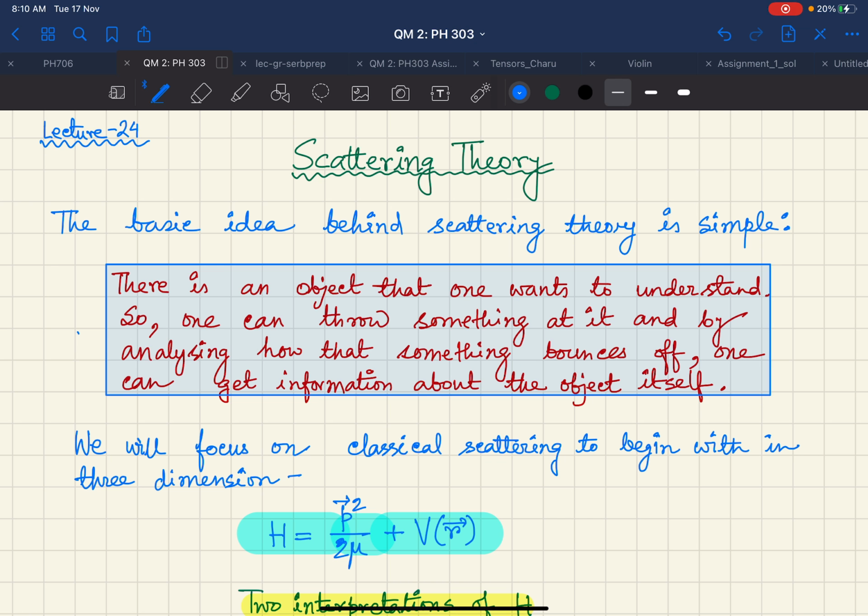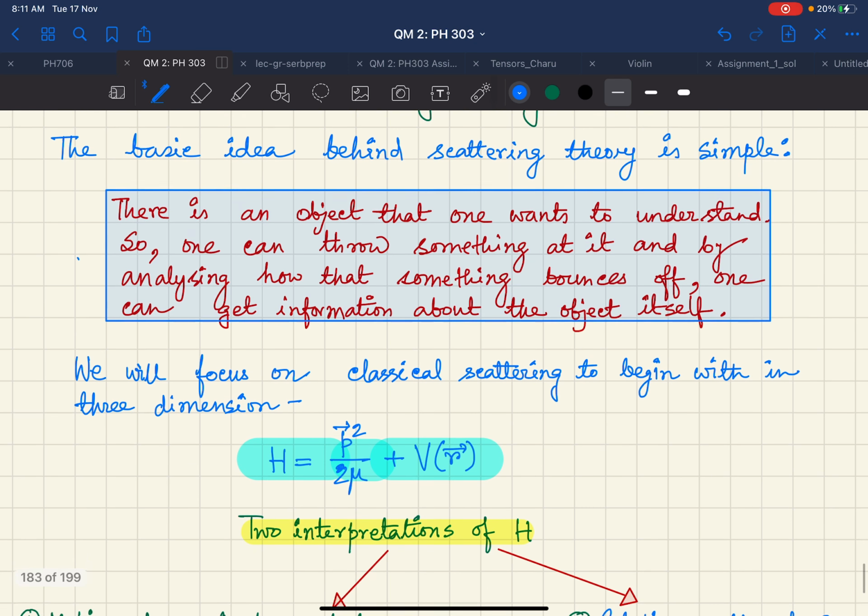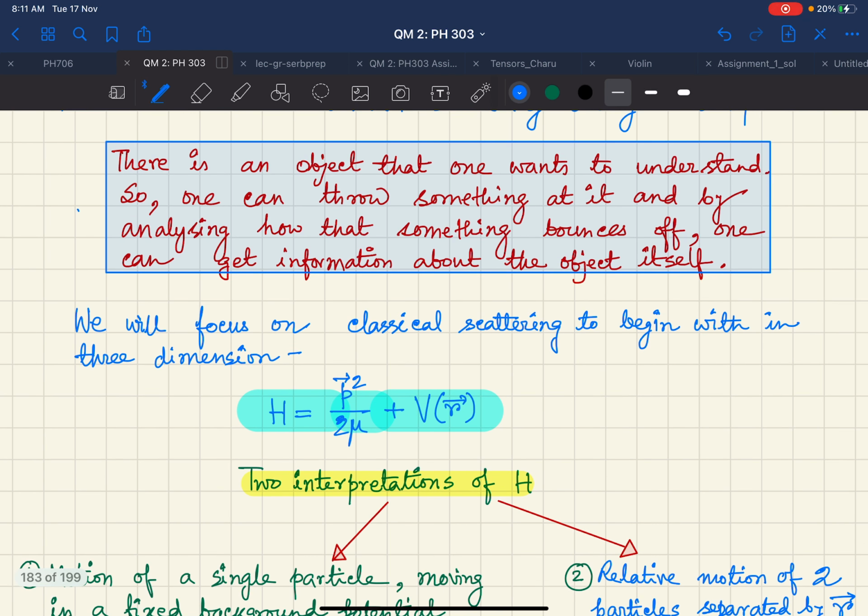So we have to spend some time studying this topic, and this we have to study in the realm of quantum mechanics. But let us actually begin by recapitulating some of the features of scattering theory in classical physics. I am more or less certain that in your classical mechanics course this must have been discussed, but if not, let me very briefly mention this to you such that you can get some idea.